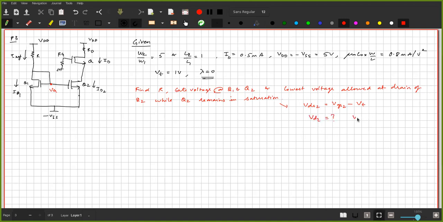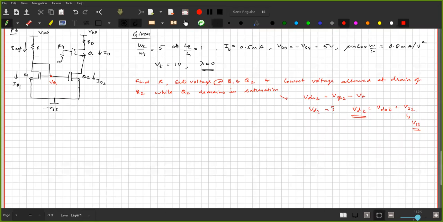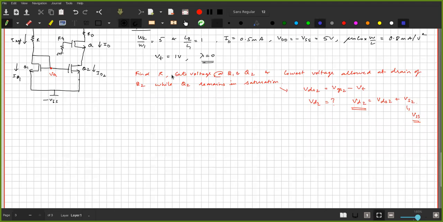VD2 is nothing but VDS2 plus VS2, and VS2 is nothing but VSS. So he's basically asking what is VD2. It's a very fancy way of asking the answer. So straightforward problem, nothing confusing here. Okay, so let us dive in to solution.